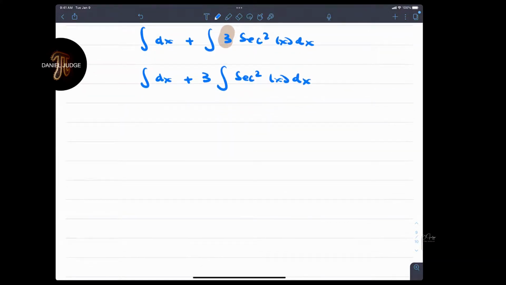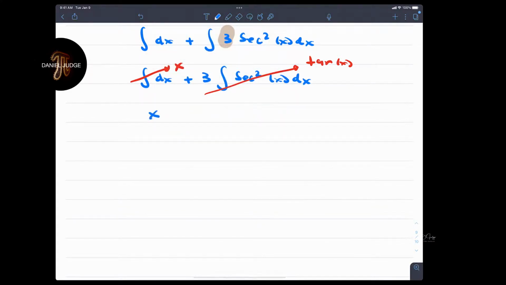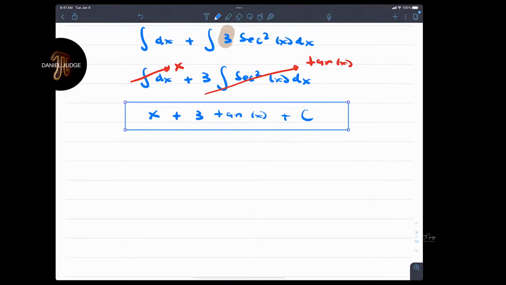Okay. This is x. Antiderivative of secant squared, that's tangent. And then add your constant at the very end. So x plus 3 tangent plus c. And there you go.